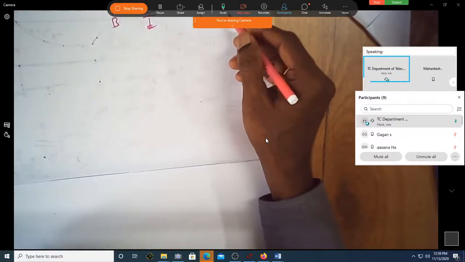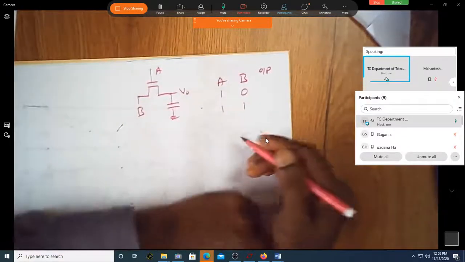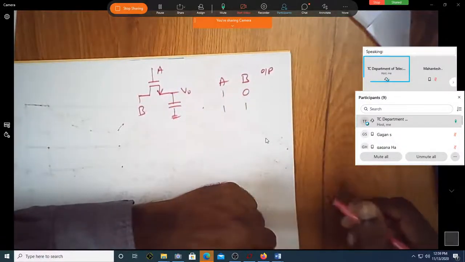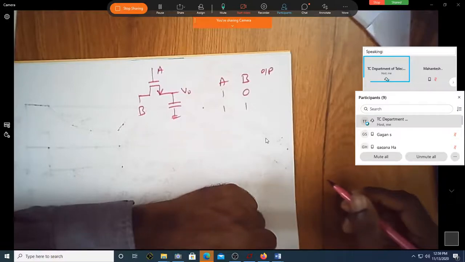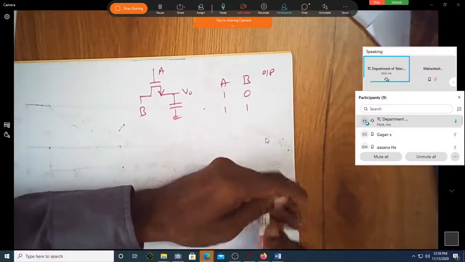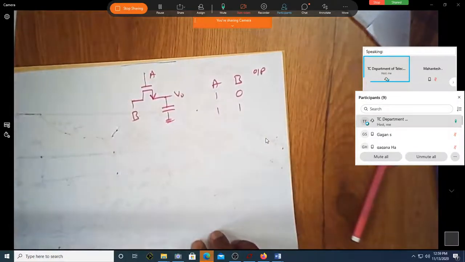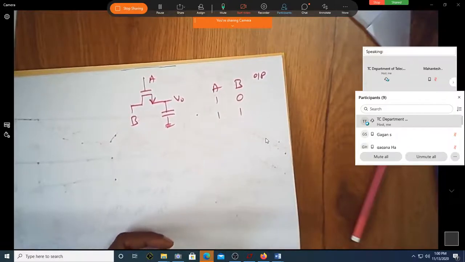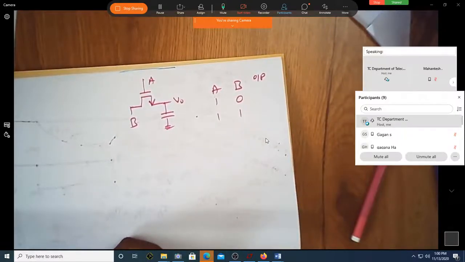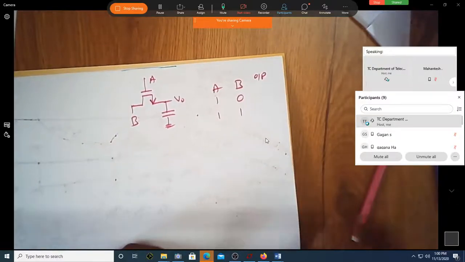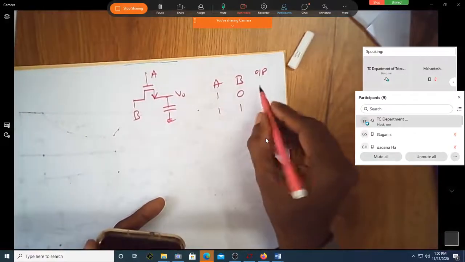Sir, circuit not visible. Oh, sorry. When I say 1, VDD. Zero volts, in both the cases 0.